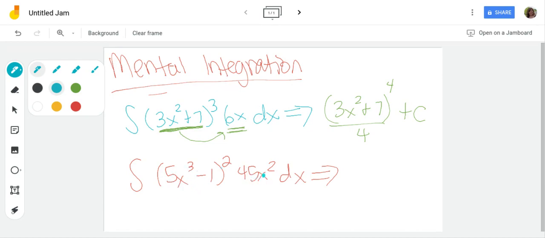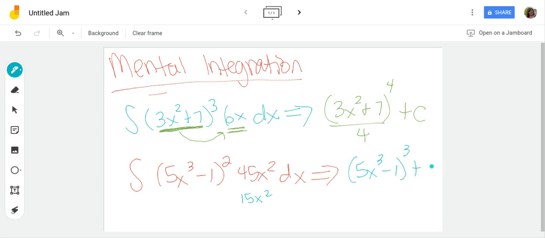Well, this is 45x squared. Which means I have 3 times that. And if I have 3 times that, well, that's what the power would be originally. So all this is going to be is 5x cubed minus 1 to the third plus c, okay?